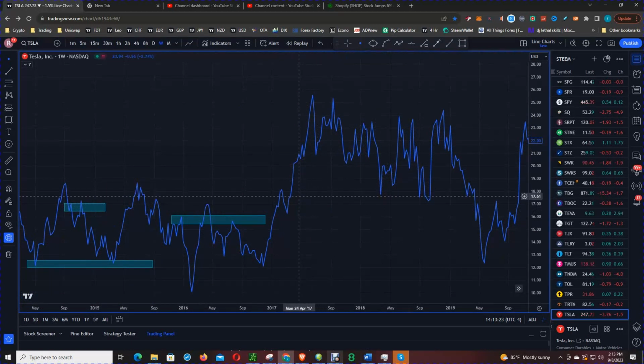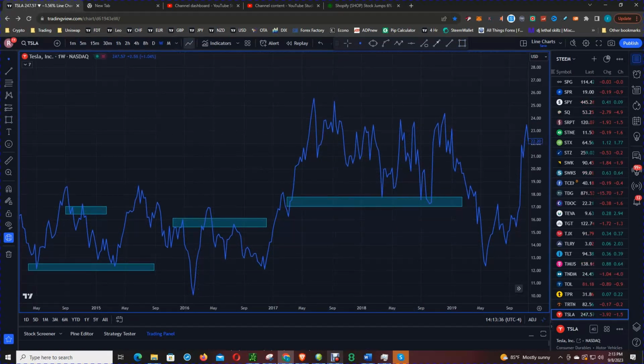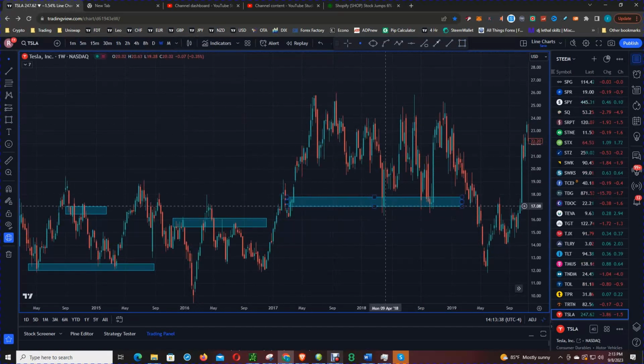All right, let's continue. This is a nice level, right? Rally, base, rally, takes out the pivot high. May or may not have worked out. Let's see. Yeah, it worked out, right? Rally, base, rally out.